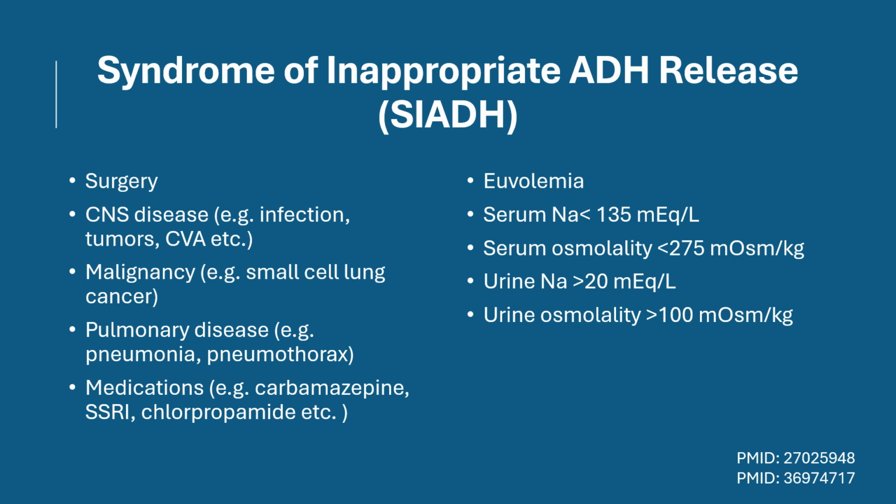Syndrome of inappropriate ADH release, or SIADH, is not directly related to the topic of our discussion today, but I think it is important for us to quickly review it because it's a highly testable topic.